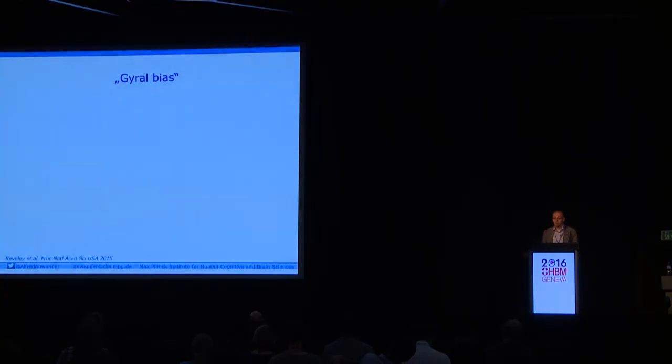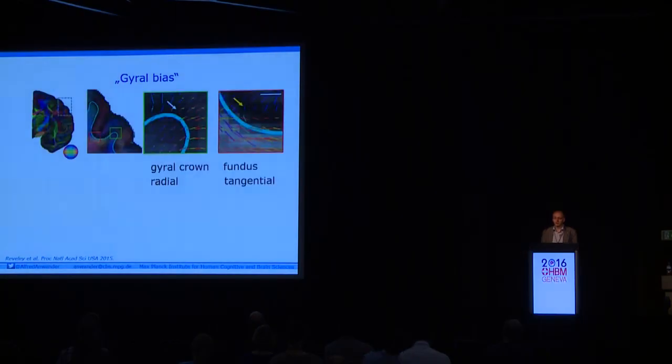First, going to this gyral bias. You might have heard of it. This was nicely illustrated in the paper by Rivley in PNAS last year. If you have a high resolution scan here of the gyral crown, you see that the diffusion properties are more radial.